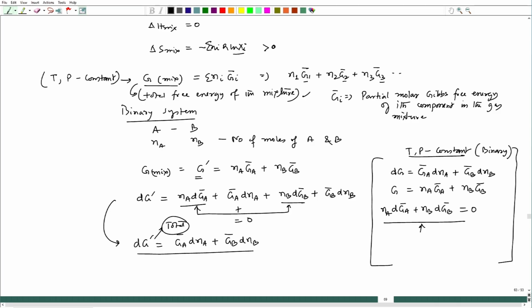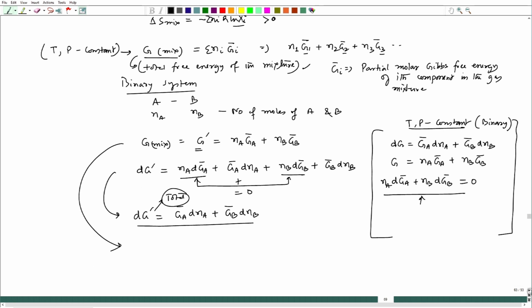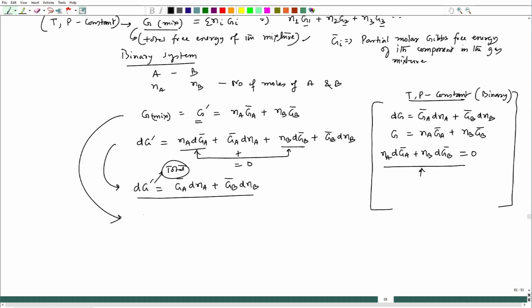Now, in a similar way, if we take this one again, we can find G prime, and if I divide it by Na plus Nb, then this becomes Gm, the molar Gibbs free energy of the solution.